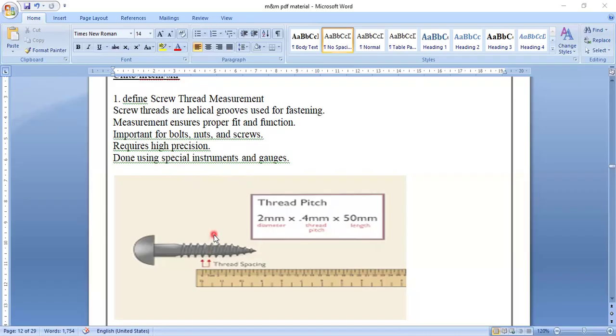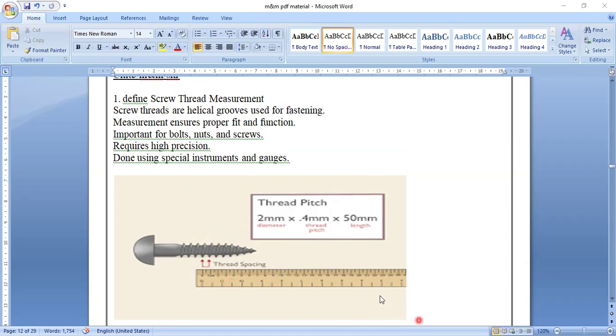It is used for bolts, nuts and screws, for fitting and tightening purposes. It also requires high precision, so it is usually done using special instruments and gauges.